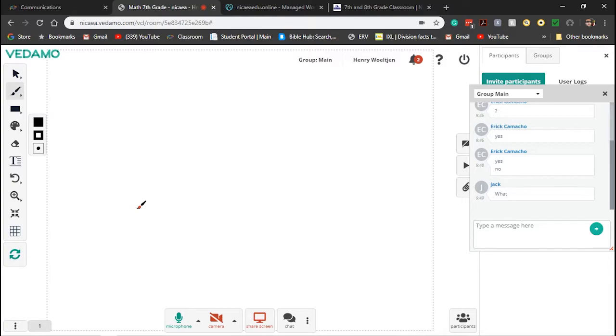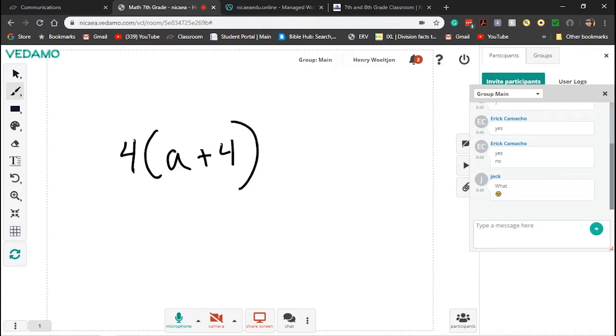Okay, let's try this one on page 420. 4 times a plus 4. Okay, so again, all you're going to do is distribute the 4, right? This is the monomial that we're going to use to distribute.